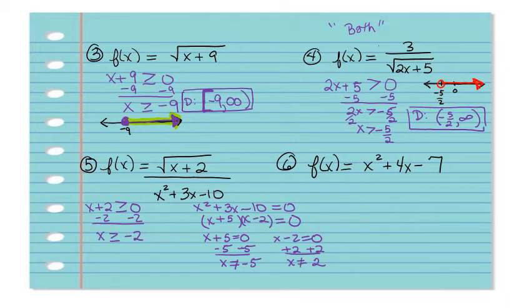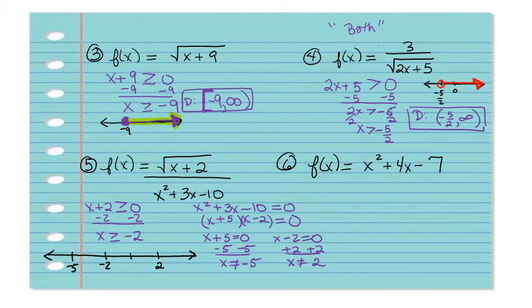Okay, so now again, I'm going to do my number line so we can see how this is going to work when we do the interval notation. Okay, so on my number line I have negative 2. And here's negative 5. And here's positive 2. Okay, so x has to be greater than or equal to negative 2.